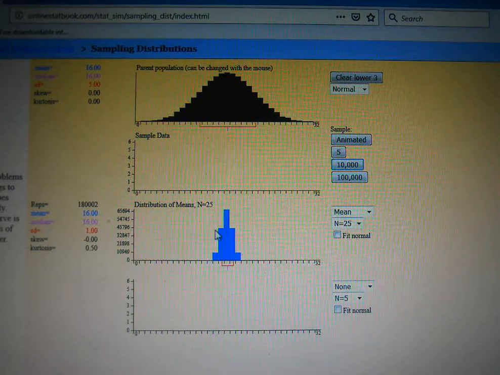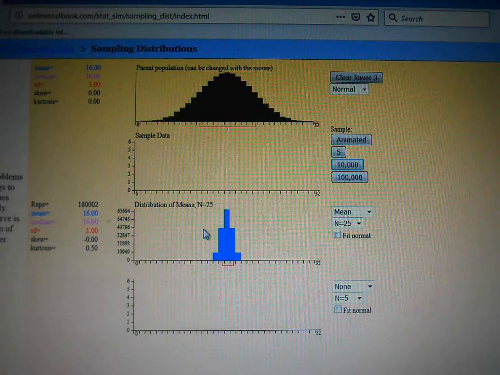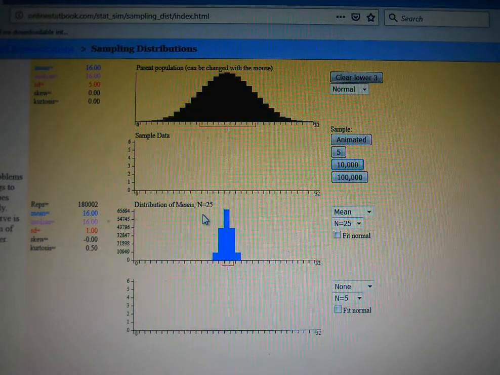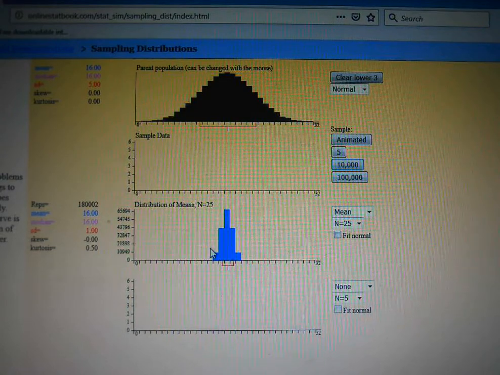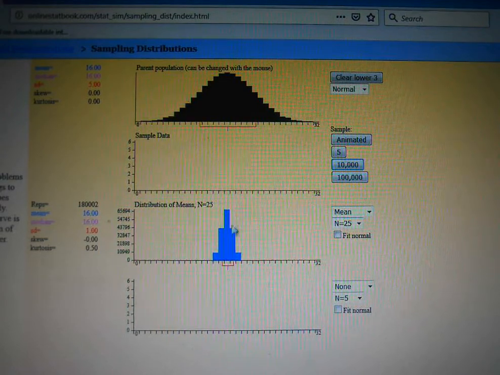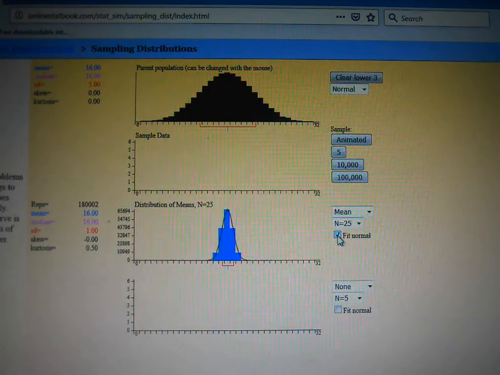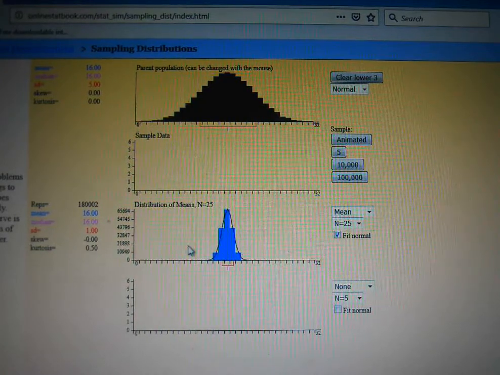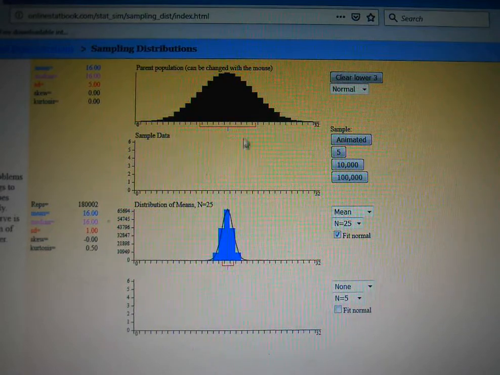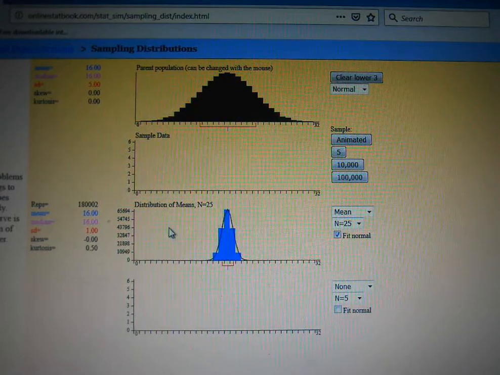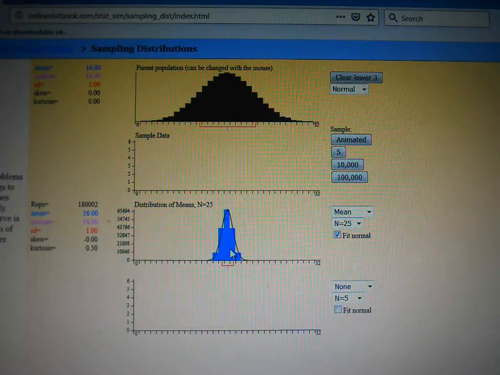And what you might notice is that each of those, whether the sample size n was 2, 10, or 25, we have a symmetrical distribution down here. And you can actually do what they call fit normal on this applet. And you can see that a normal curve will kind of follow that distribution. Okay, the original was normal, and the sampling distribution of sample means is normal.